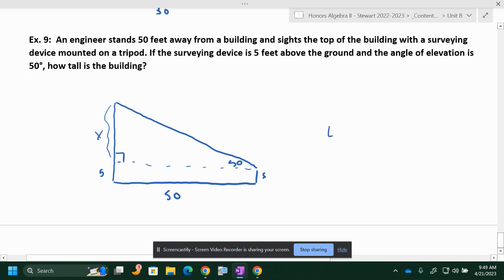So I'm going to use the tangent of 50 is equal to x over 50. So then x will be 50 tangent of 50. When I round, that's approximately 60. And then I'm going to add that extra 5. So that building is approximately 65 feet.